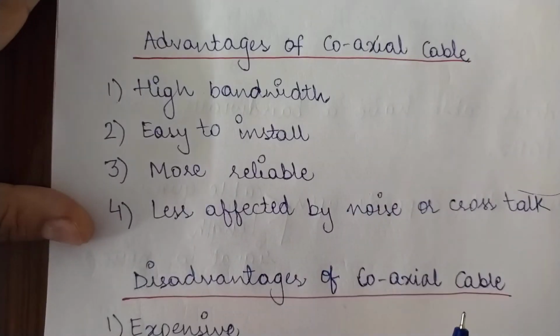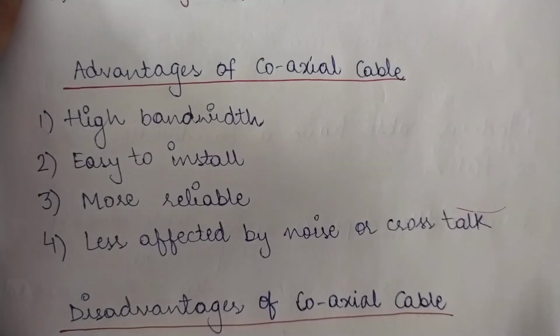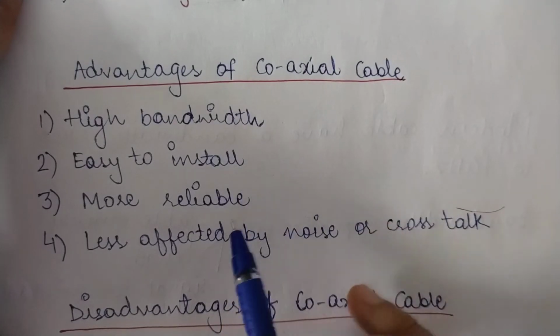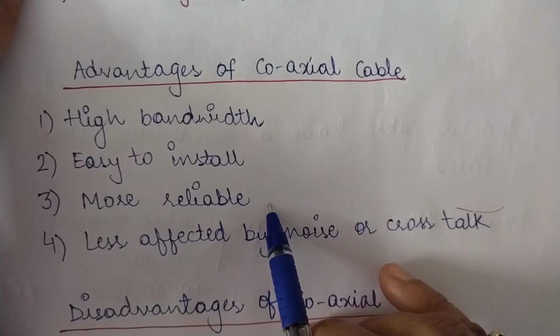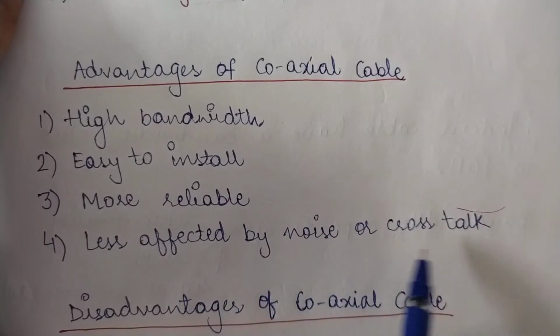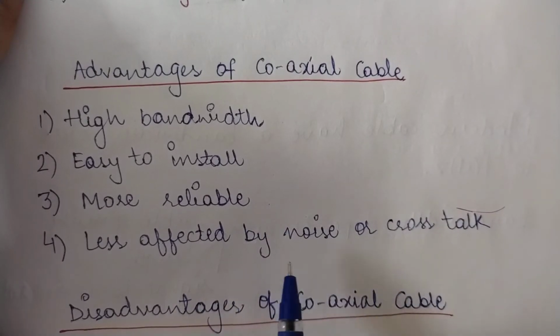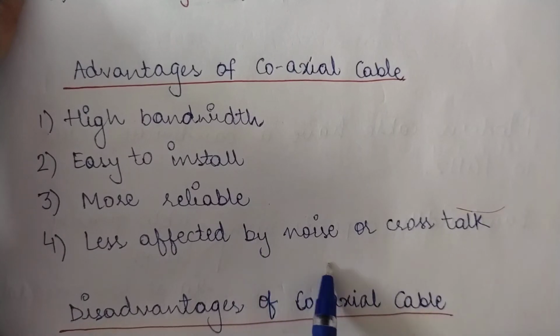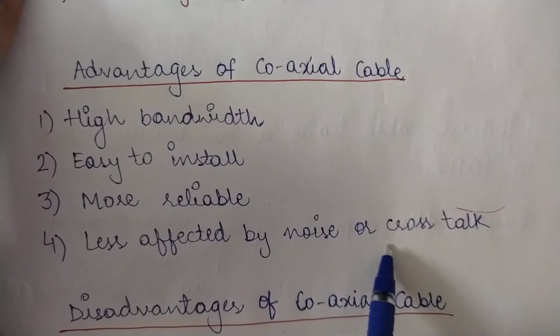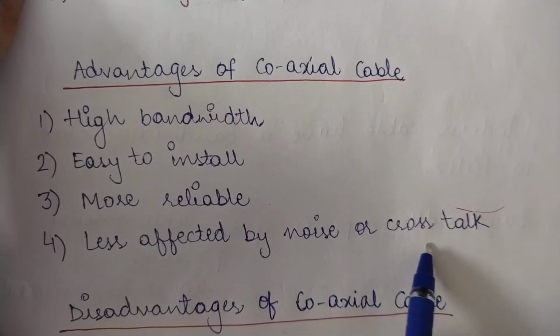Now, what are the advantages of coaxial cable? Of course, it has high bandwidth. It is easier to install. It is more reliable because better shielding means better reliability, and it is less affected by noise or crosstalk. So many shieldings obviously prevent any kind of electromagnetic interference, so there is lesser noise and less crosstalk.